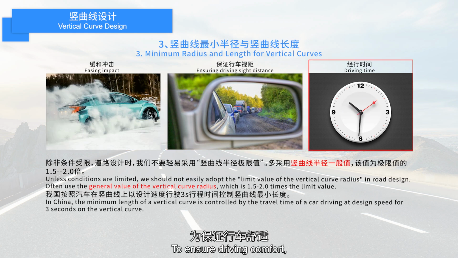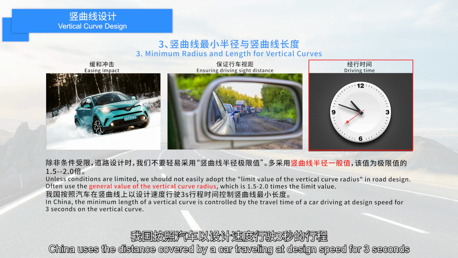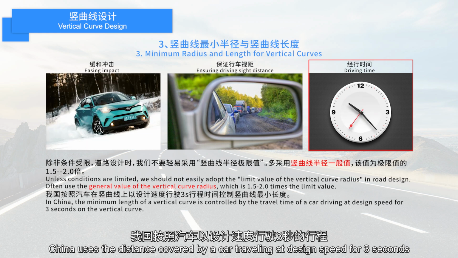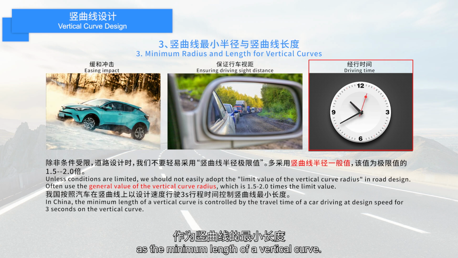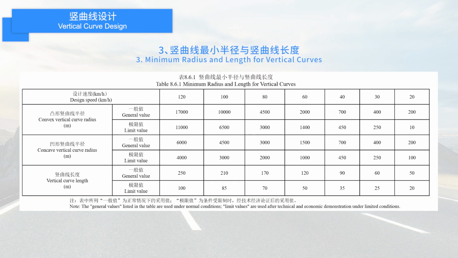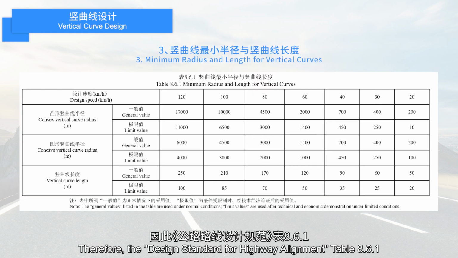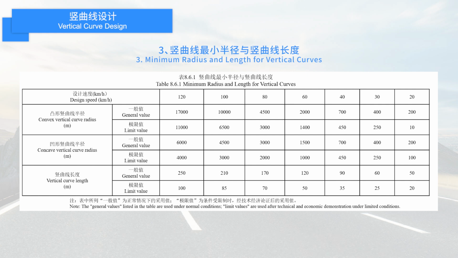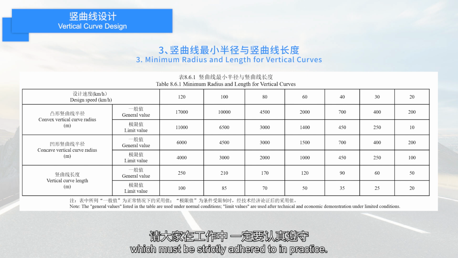To ensure driving comfort, China uses the distance covered by a car traveling at design speed for 3 seconds as the minimum length of a vertical curve. Therefore, the design standard for highway alignment, Table 8.6.1, stipulates the minimum radius of vertical curves and length of vertical curves, which must be strictly adhered to in practice.